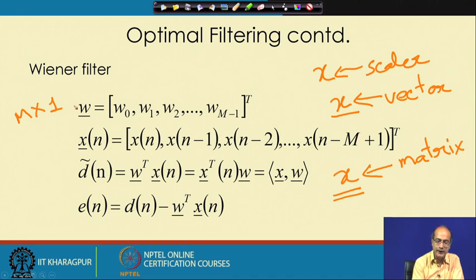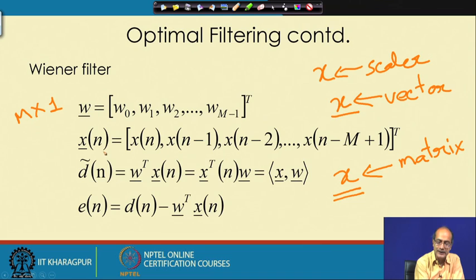Same way, the input signal x n has been written in vector form, and it is again a column vector, because we have written a row and then transpose, and with that again we have an m by 1 column vector. Next, we get the output at that instant, d n. Before d n, let us go back to x n and note that this vector also is changing over time.